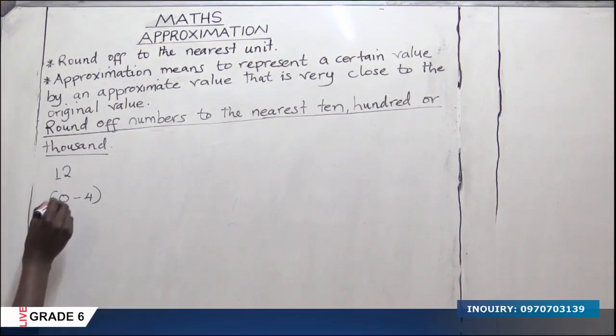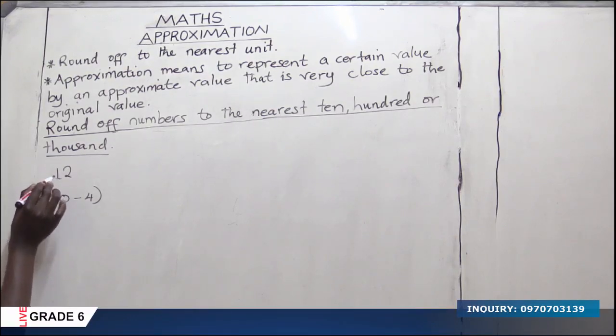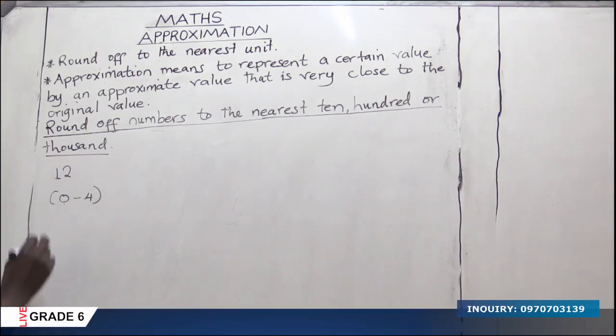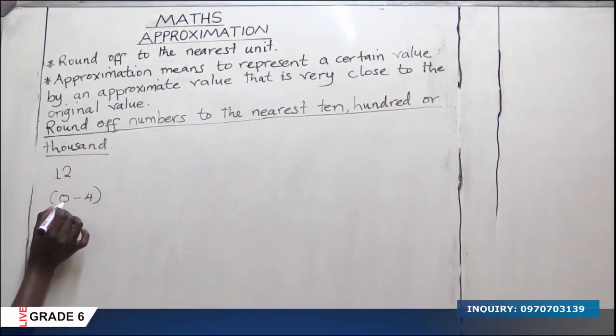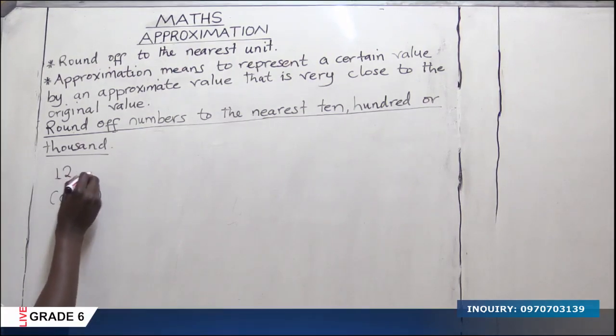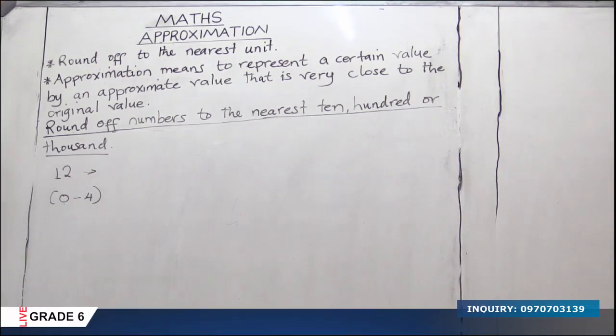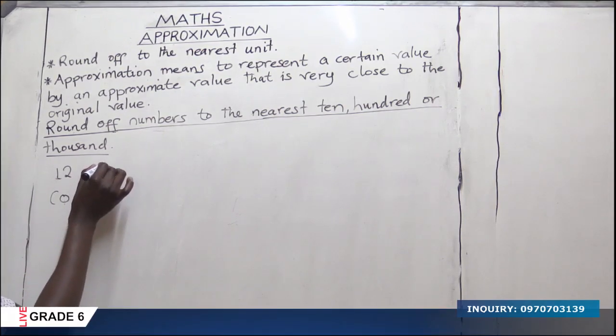What do I mean? Look at the 1 there, this is the digit that we are going to round off. The next digit close to it is 2. Since this 2 is between 0 and 4, we are going to round down, meaning 12 will become 10.